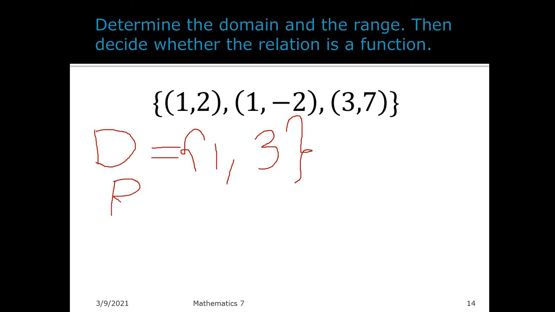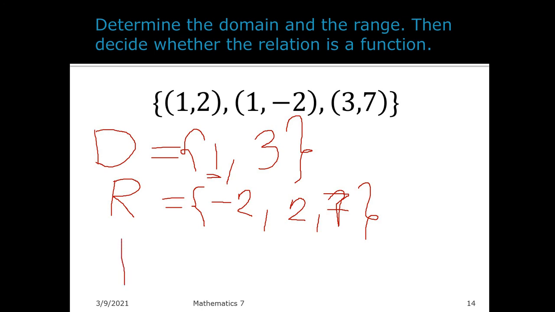For the range, we have -2, don't forget the brace, 2, and then 7, sorry, that's supposed to be 7, and then close. As you can see, 1 is being repeated, so it appeared twice. Therefore, this is not a function. This is a mere relation.